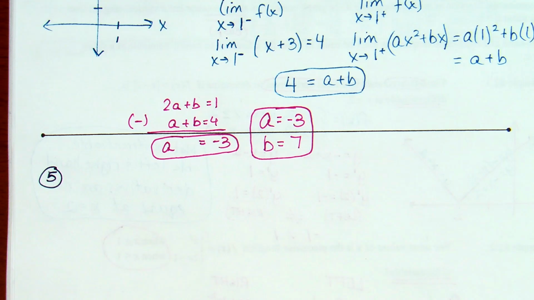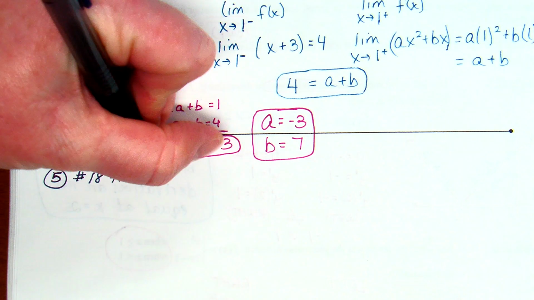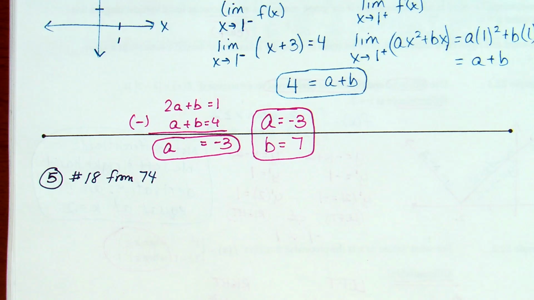I have it written down as 18 from 74. I'll give you the option. If you want to look at 18 from 74, it's an integration problem. You can do that, or you can skip it. I mean, I'll look at it. Whether or not I write something down is a different story. It's definitely a good integration problem to be able to do.